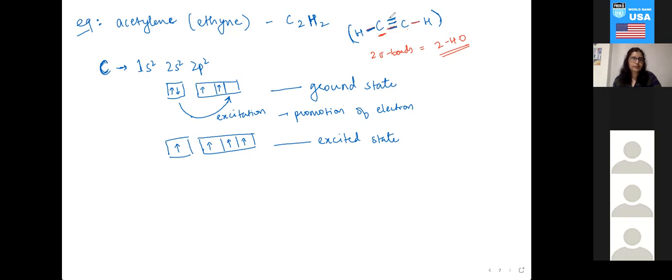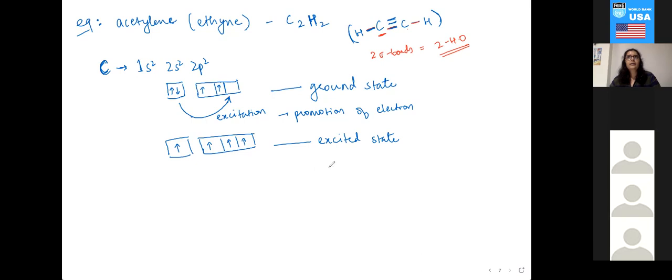The 2 p orbitals are going to take part in pi bonding, and then electrons need to be in the other 2 orbitals also, which means that every single orbital over here needs to have an electron in it in order to be able to take part in bonding. So that's why we see that there's an empty orbital here. This cannot be empty. Then we say that promotion will take place.